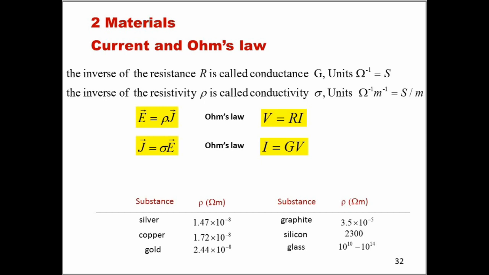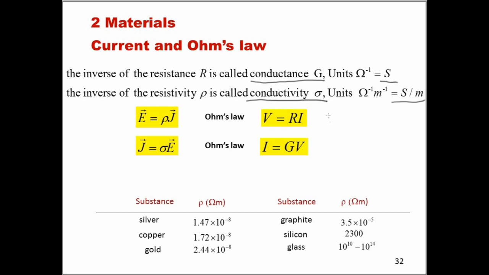It is also useful to define the inverse of resistance and resistivity. The inverse of the resistance is called conductance, indicated by G, and the unit is ohm to the minus one, which for simplicity is called Siemens. The inverse of rho is the conductivity, sigma, and the units are Siemens per meter.